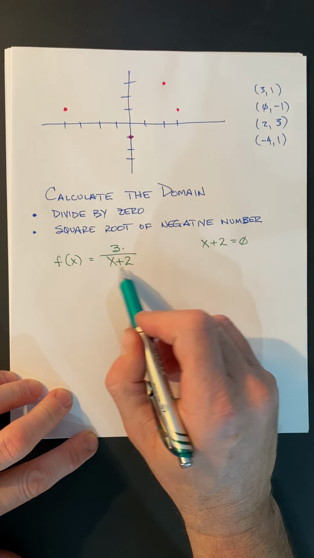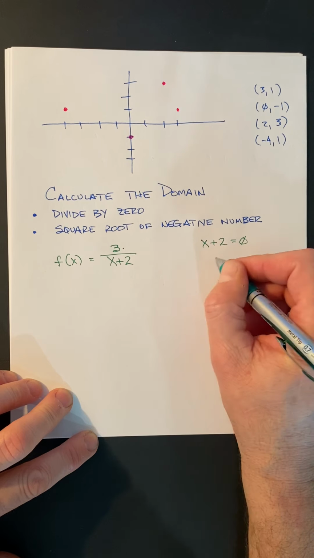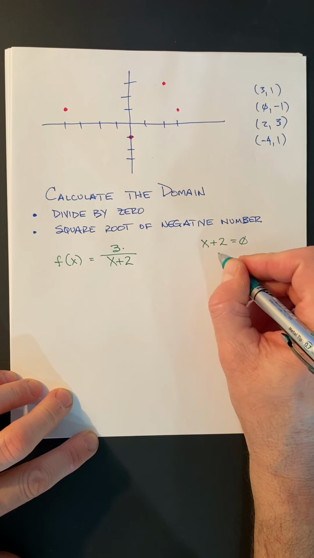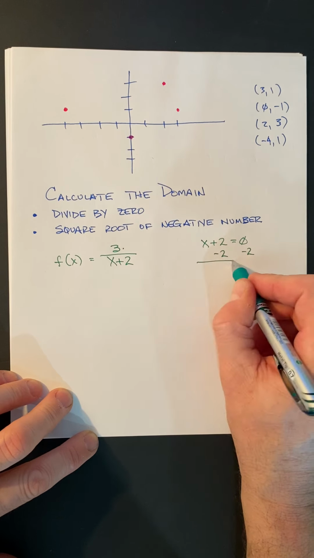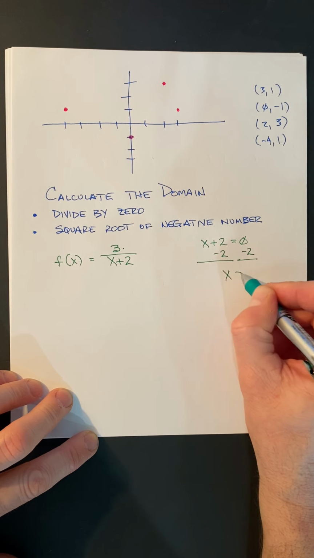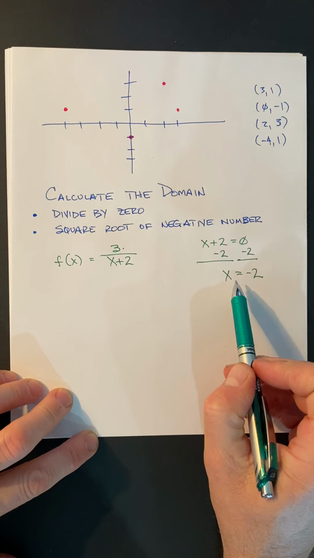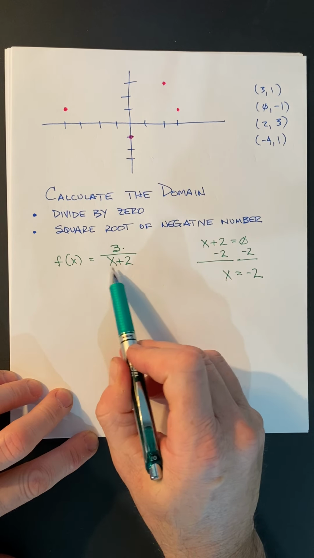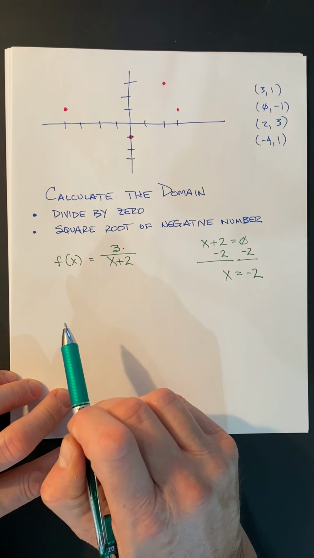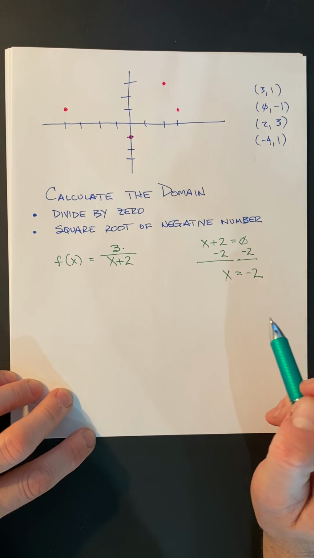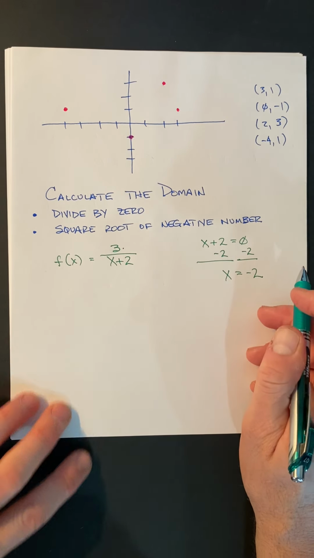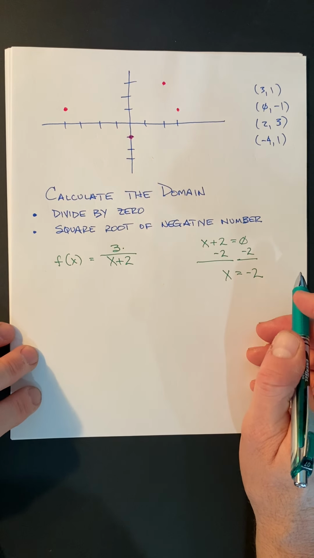So if I set the denominator to 0, and then I solve for that x value, that makes it 0. So if I put an x equals minus 2 into here, I'm going to get a divide by 0. So I know that x cannot be part of the domain because it does not produce a valid output.